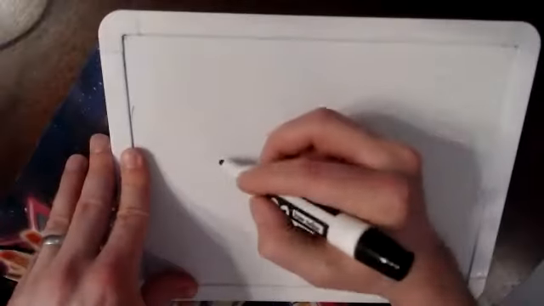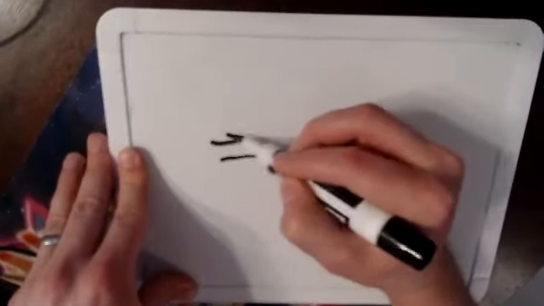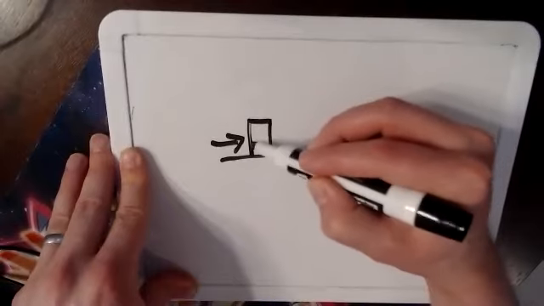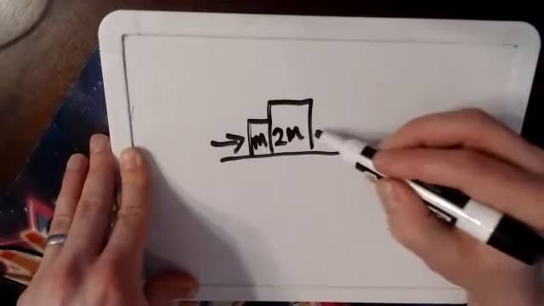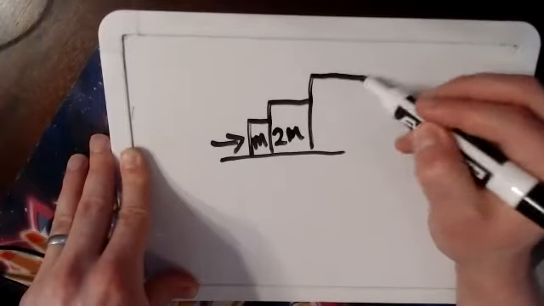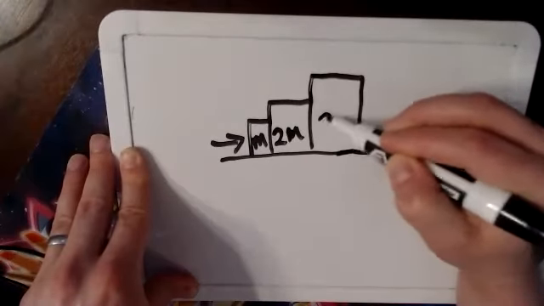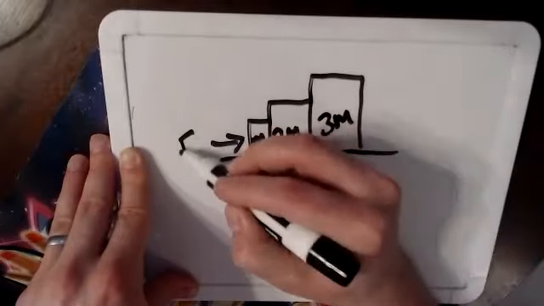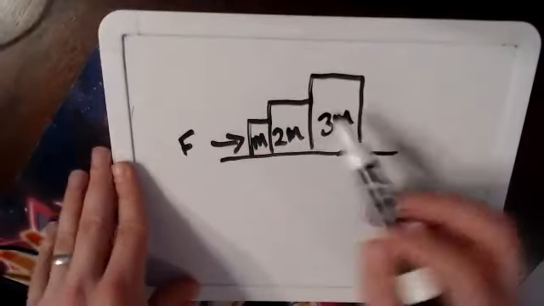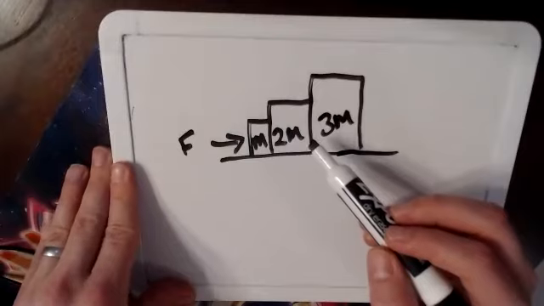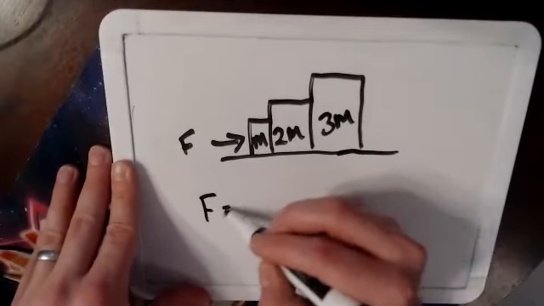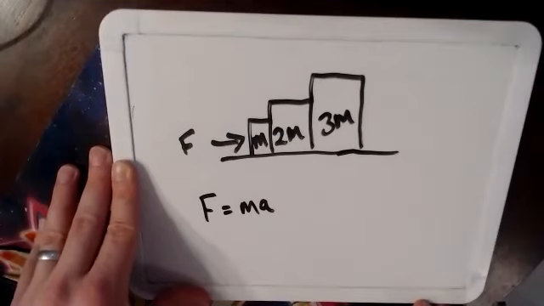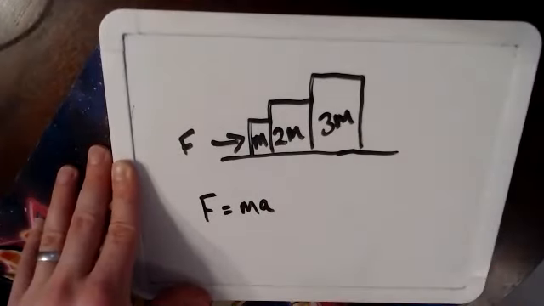The question that we could also do is we have a force here and a mass m, we have a mass 2m, and we have a mass of 3m. How are these forces taking place? So we would first define the acceleration, and we'd say that F equals ma, and then we would identify all of those masses.